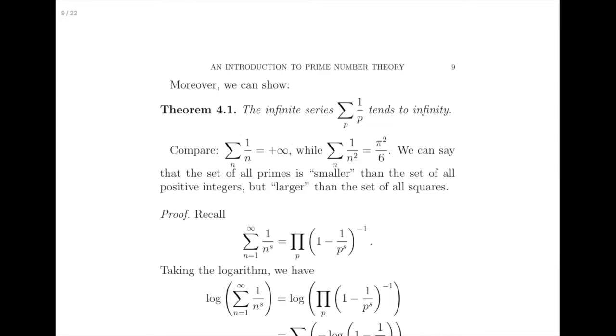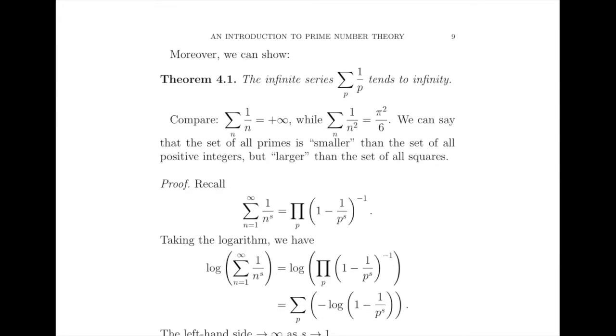Let's go further. By studying more closely, it is possible to show that Euler's argument only shows that there are infinitely many primes, but actually we can show that this infinite series, the sum of the reciprocals of prime numbers p, tends to infinity.